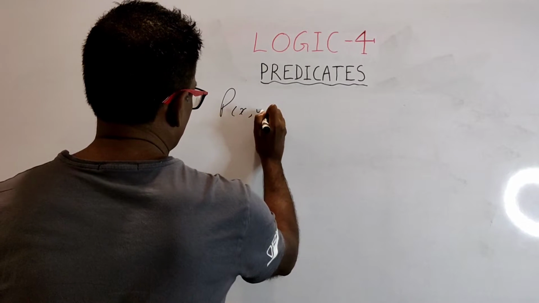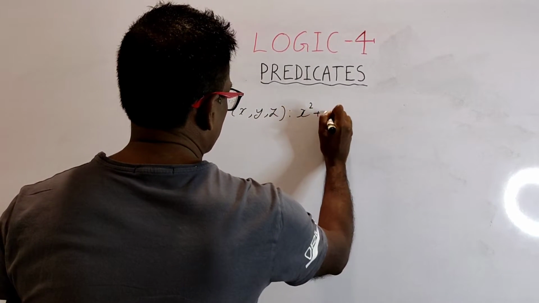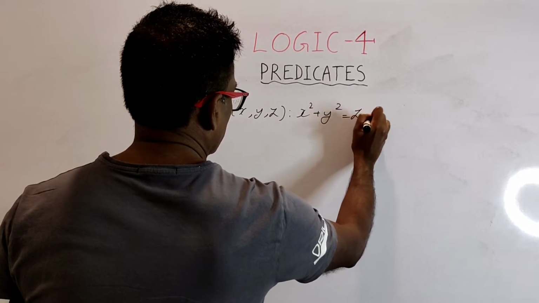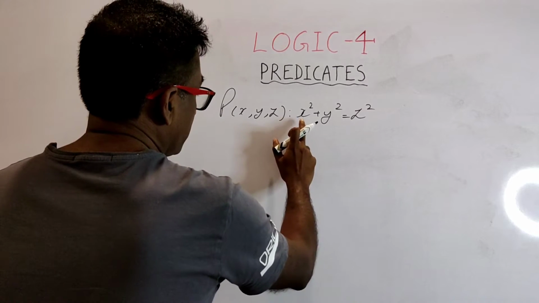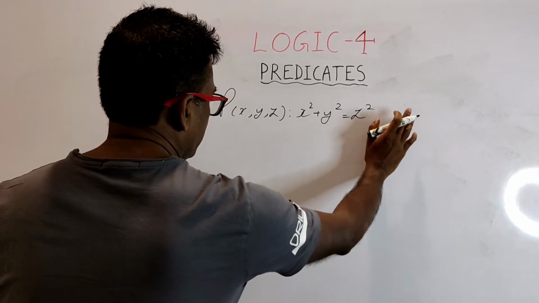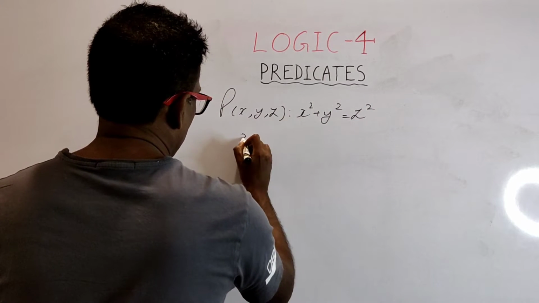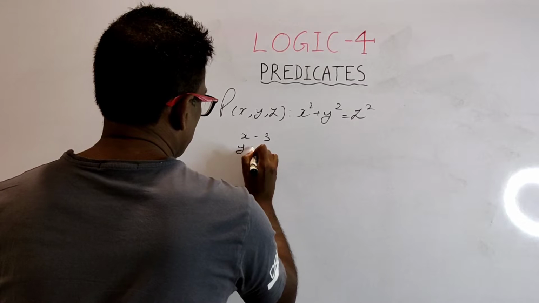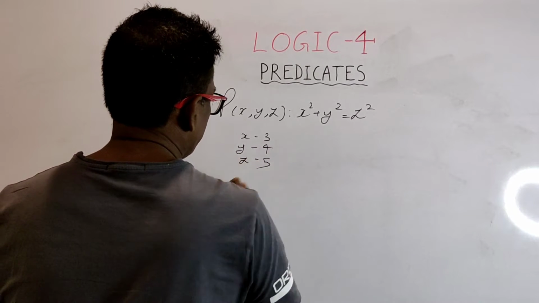P of x, y, z is such that x squared plus y squared equals z squared. If we can replace x, y and z with Pythagorean triples, we would always get a true proposition. What is a Pythagorean triple? Let x be 3, y be 4 and z be 5.